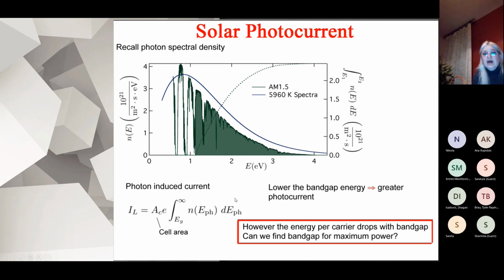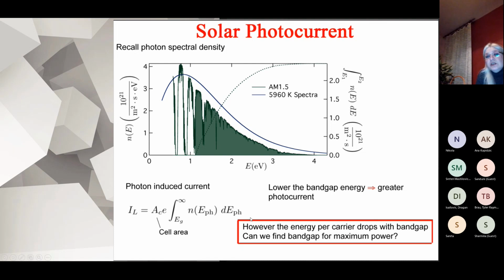It seems, when we explain it like this, that the lower the band gap energy, the greater the photocurrent. So we could take a material somewhere here at the maximum of this curve, below 1, and then we would definitely have the highest number of photons that you can use in a solar cell application.